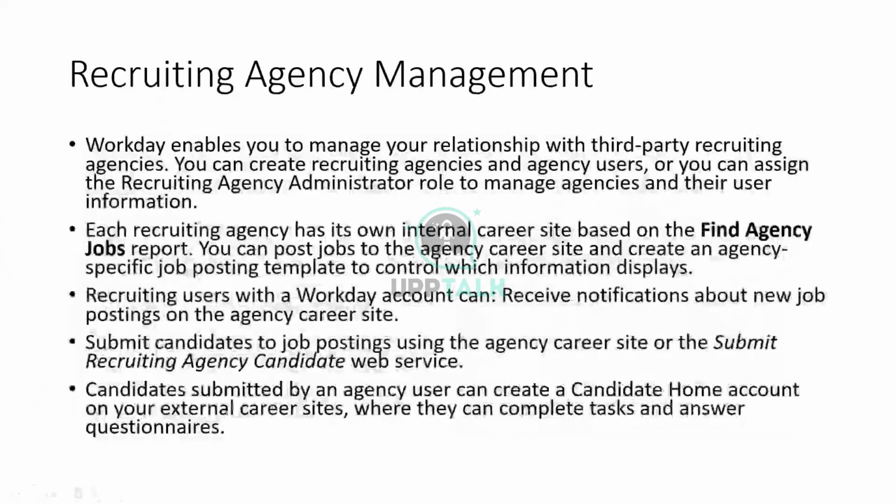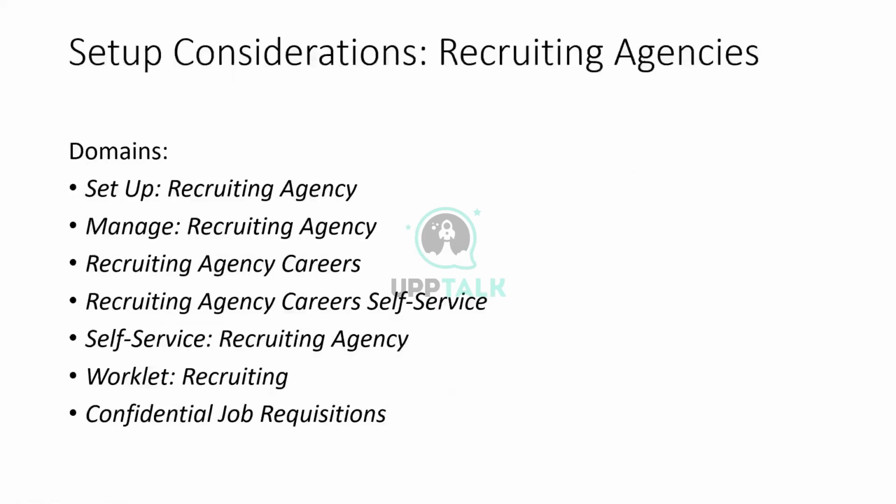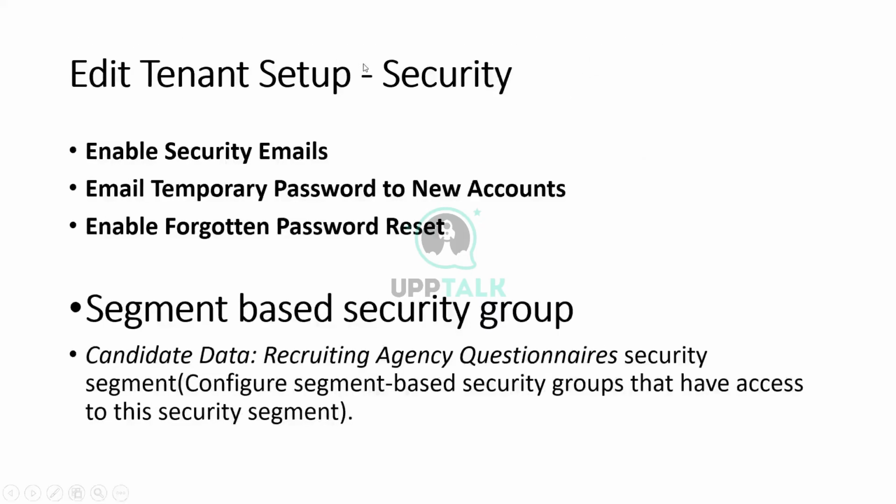Then recruiting agency management. Here are certain advantages of subscribing to agency management. You can read this out. And then these are the domains. Then we need to look into these setups before, related to security, because we would be required to create the passwords and accounts for the agency users.